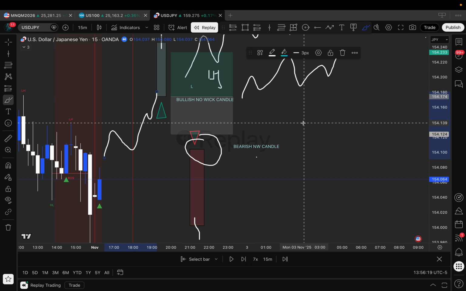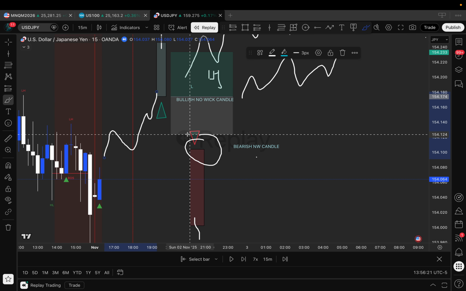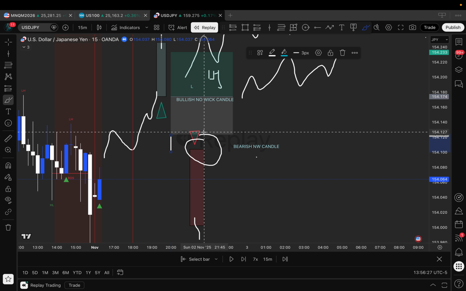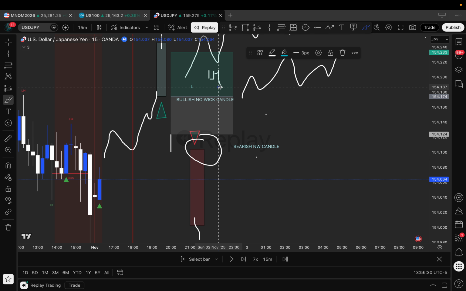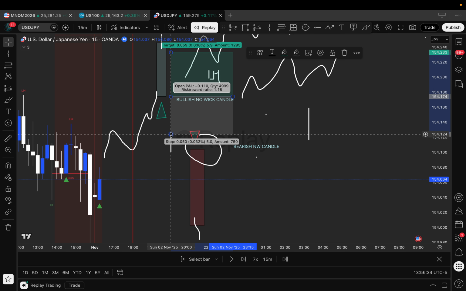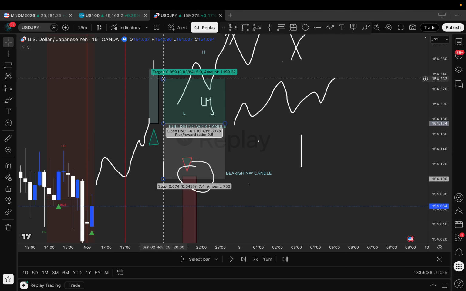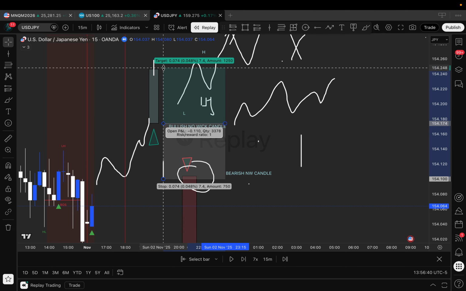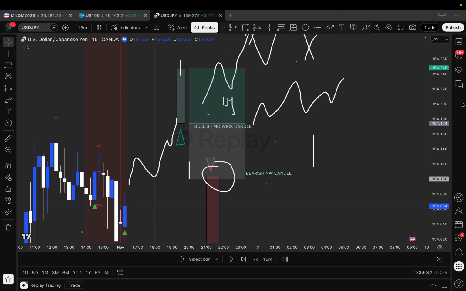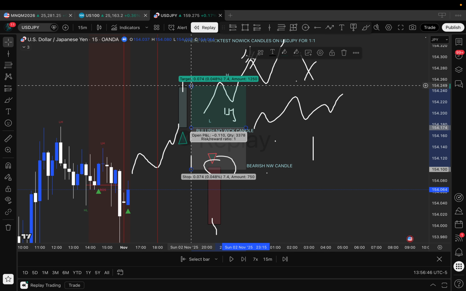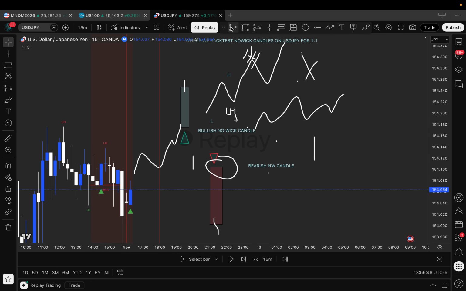This is the candle it forms. So given the trend, you will place your stop loss here, at 7.4 pips. This is how you place all of it.